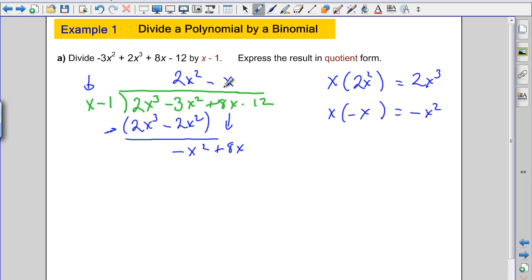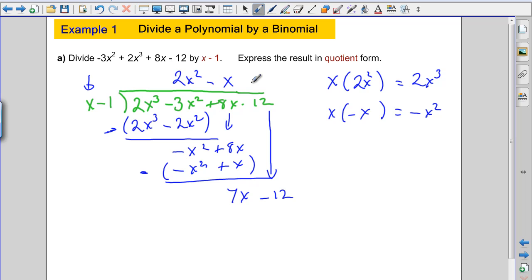We write the negative x above and continue. Again, always wanting these terms to be the same. Negative x times negative 1 is positive x, and we don't forget to subtract. First two terms cancel. 8x minus a positive x is 7x, and we bring down the next term.